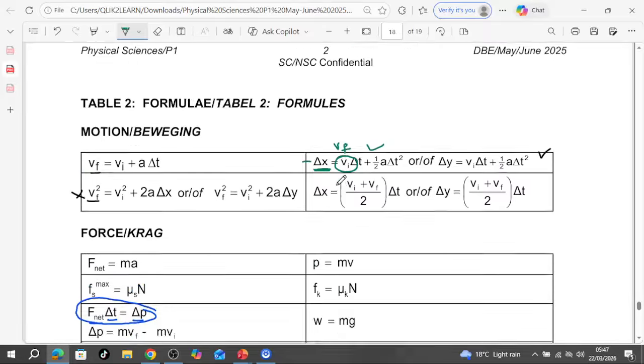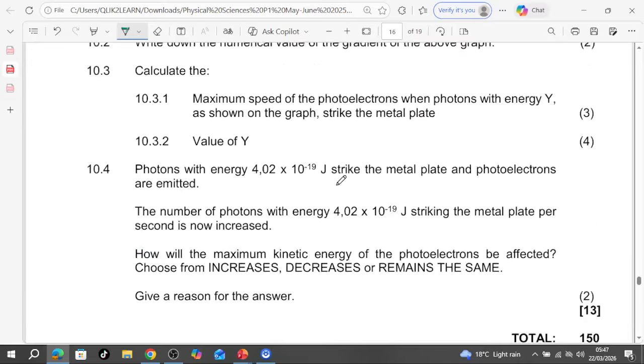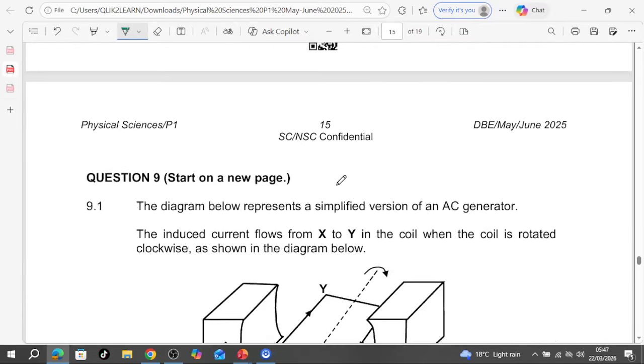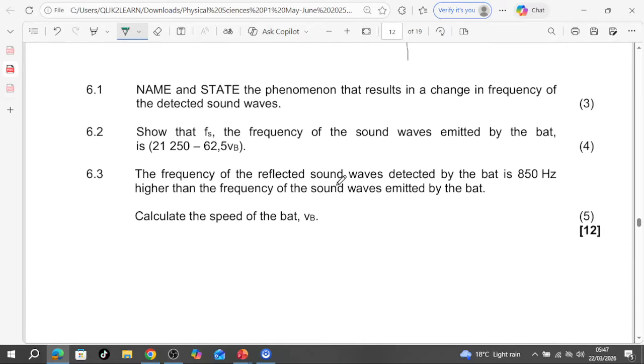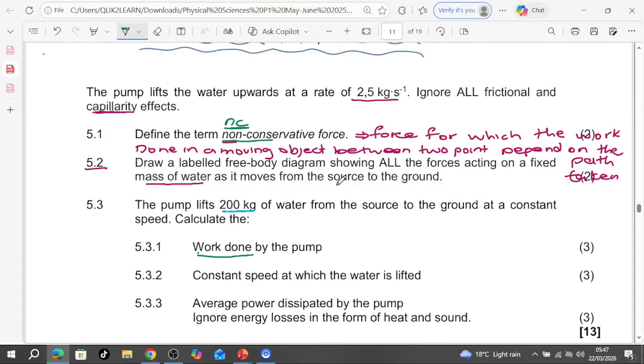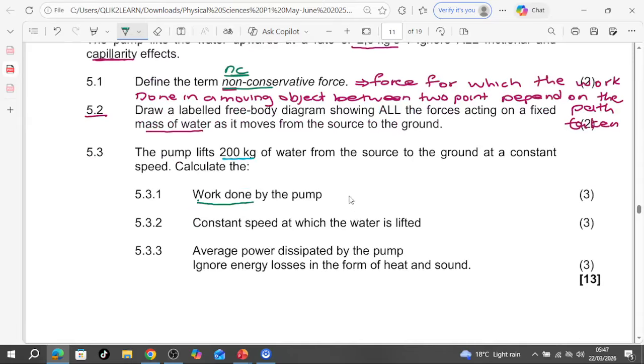Let's quickly go back and write that formula down. If you listen politely, you're going to collect your marks without too much stress. So the work done by NC equals the change in EK.